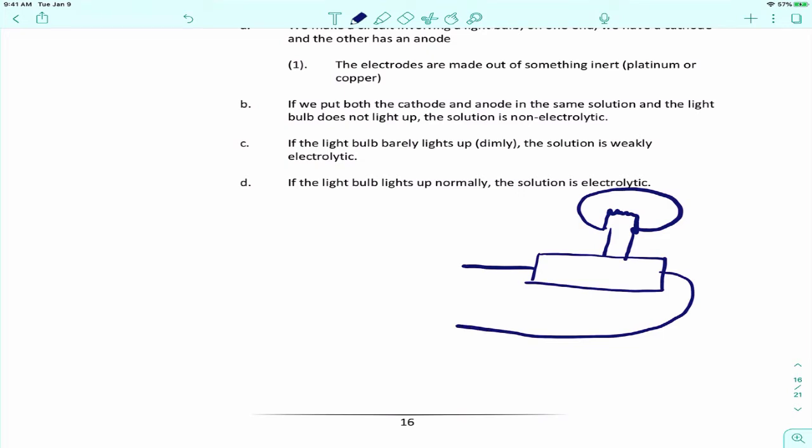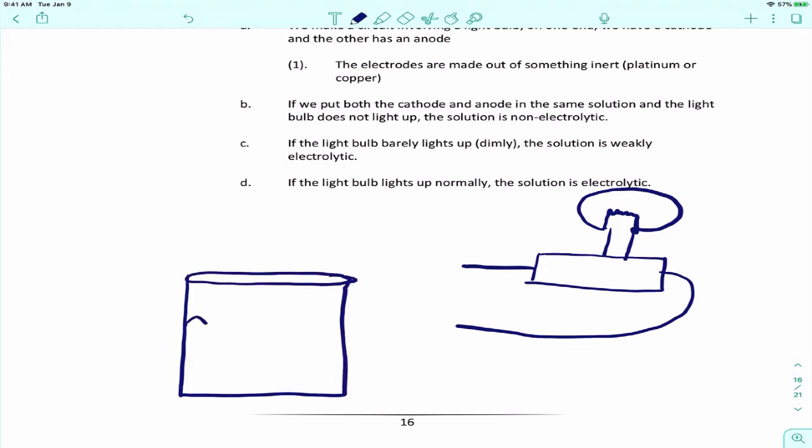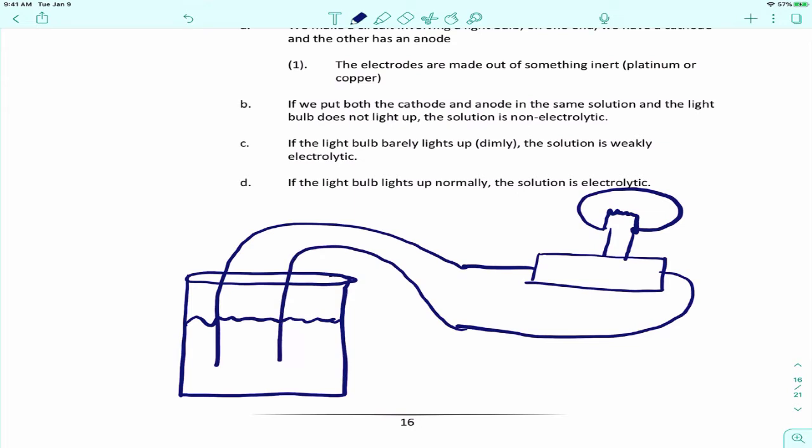What I'm going to do is stick those two wires inside a beaker that's filled with a solution. If the solution is electrolytic, that light bulb should light up.